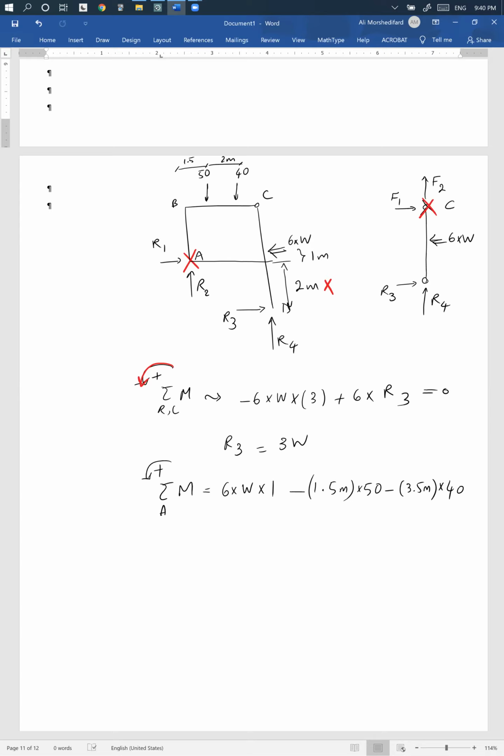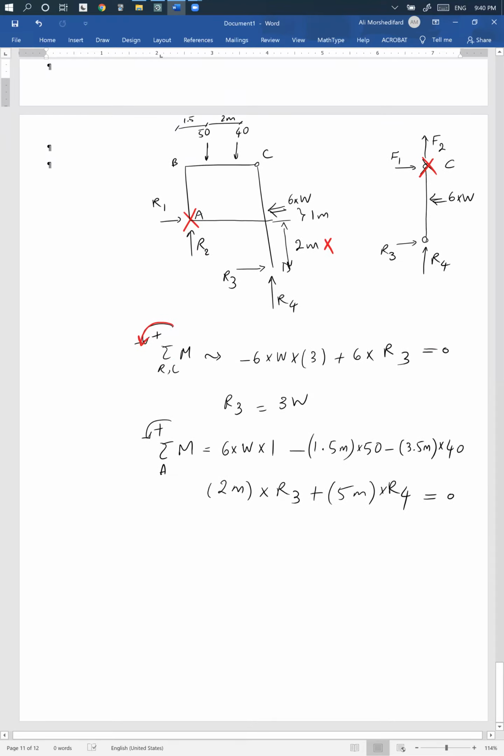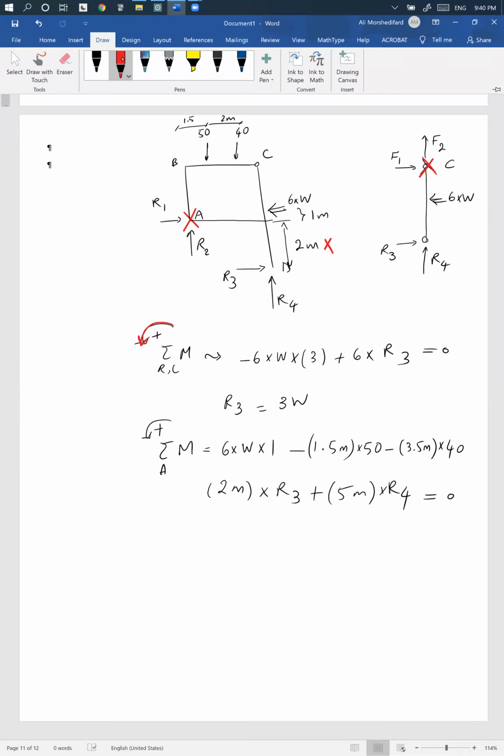Okay, now I have to take care of the R3. So R3 is 2 times R3. It's in the positive direction. You see this one? I'm looking at R3. So R4 also is in the positive direction. Plus 5 meter times R4 equal to 0. Right? So I have R3 from here.